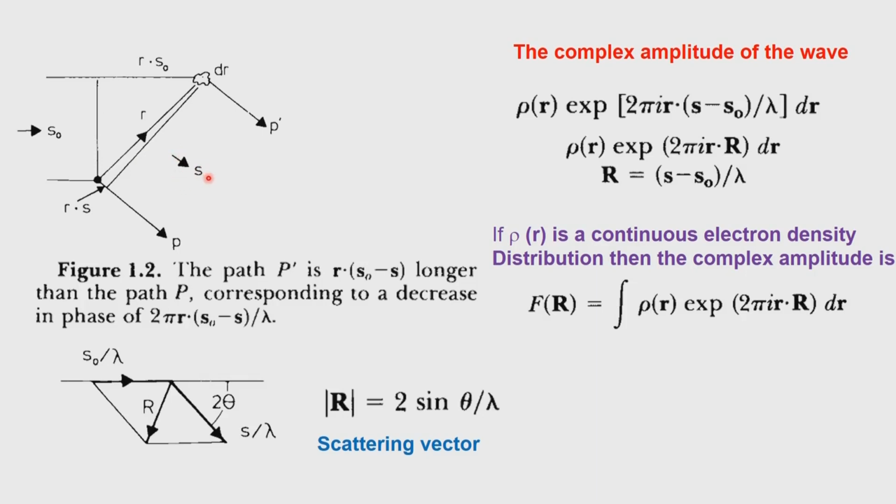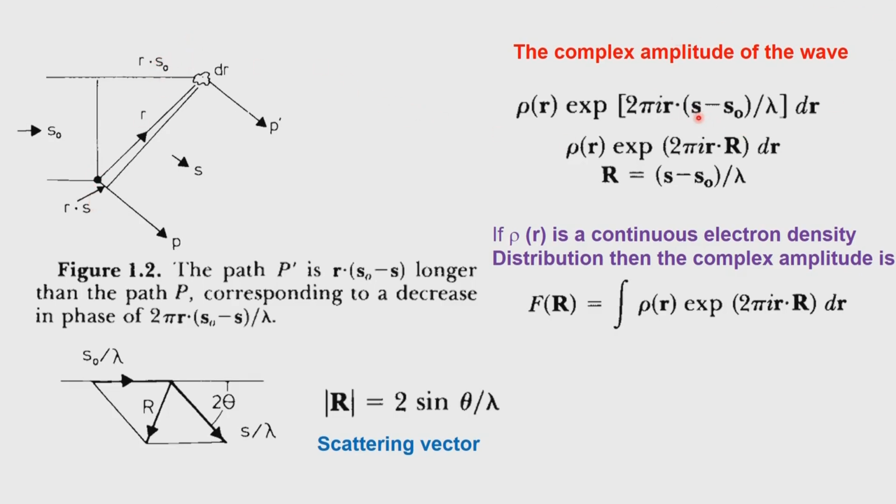Whenever this electron density is located at a distance of r, little r, from the origin, we see that this wave travels an extra distance of r dot (s minus s naught).